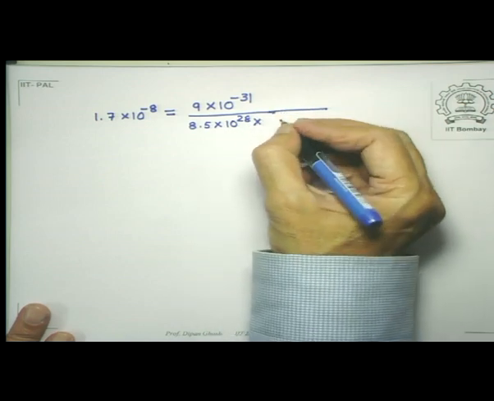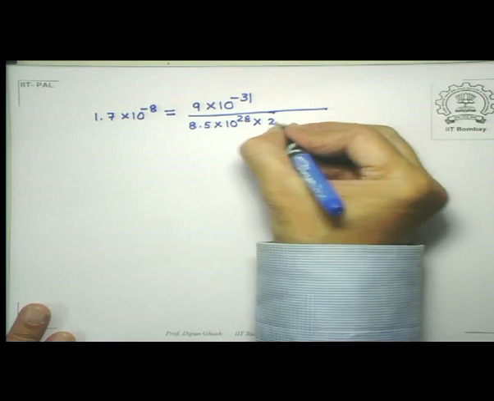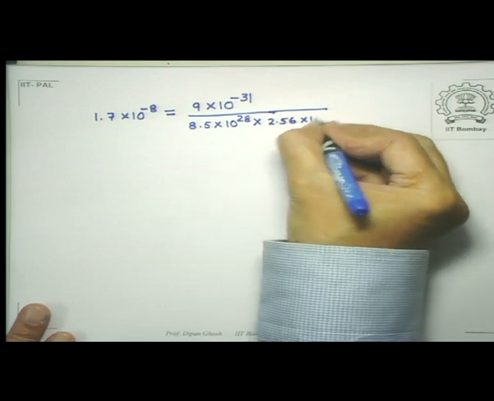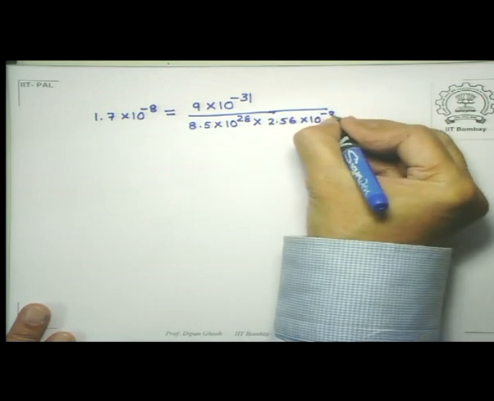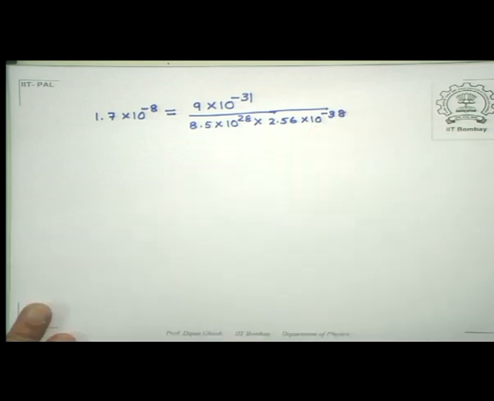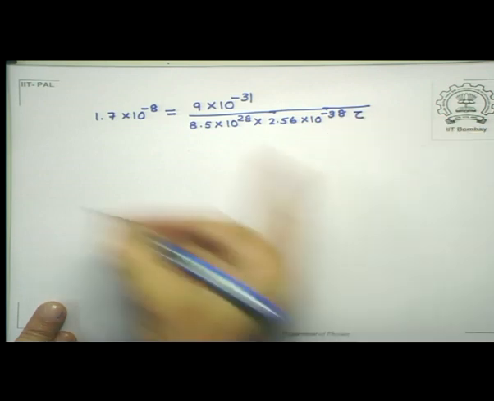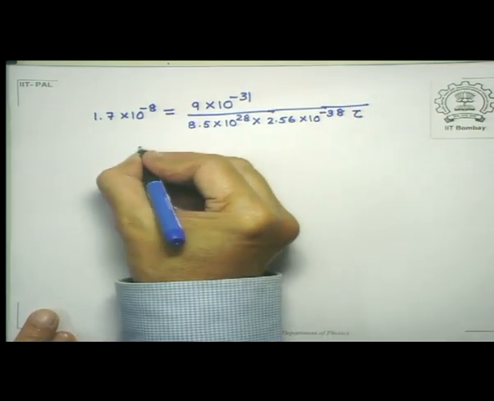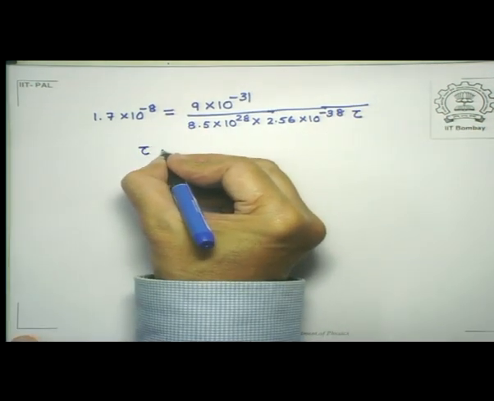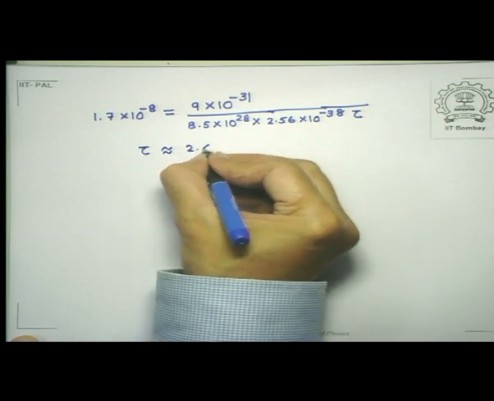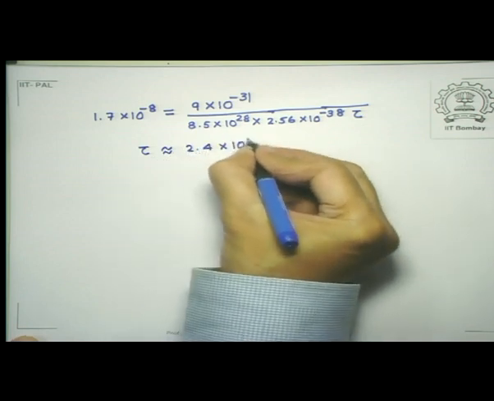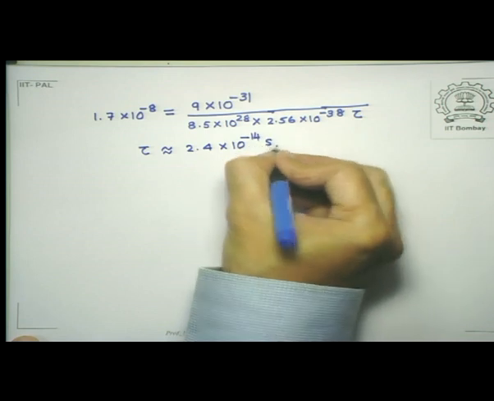E is 1.6 into 10 to the minus 19, so E square is 2.56 into 10 to the power minus 38, and this times tau. So, take these numbers and calculate this, and you will find tau is of the order of 2.4 into 10 to the power minus 14 seconds.